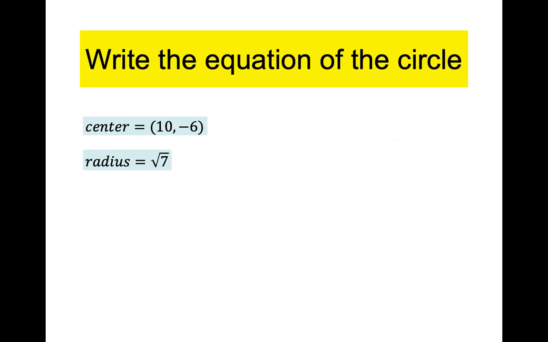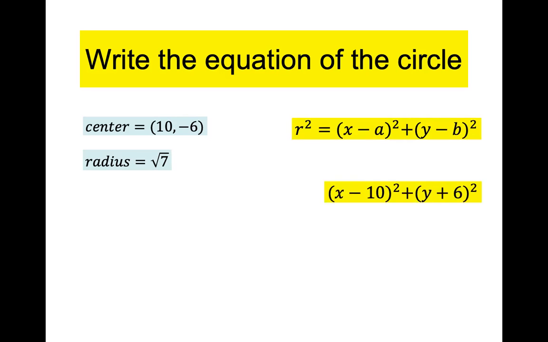Maybe one more. All right, let's see. Center of 10, -6, and a radius of square root of 7. Well, all we do is plug those numbers in. So A is 10 and B is -6. The only ones you mess with are the ones that are negative, and you write a positive. So it's a 10 and a 6.